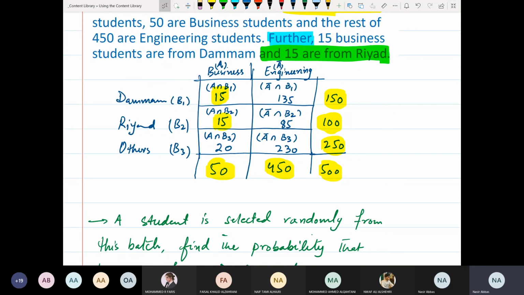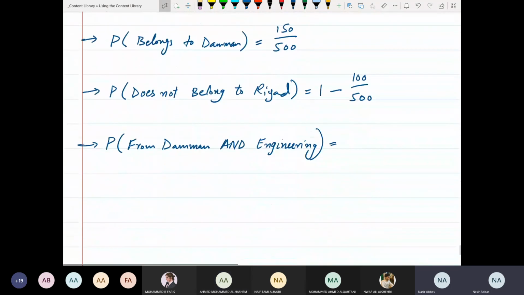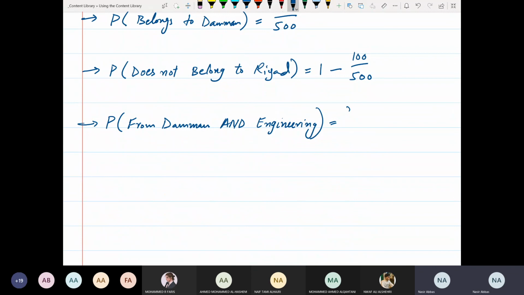Ahmed. It's going to be 135 over 500. Yes. Notationally, it will be n of A complement intersection B1 over n of S. So that will be 135 divided by 500.